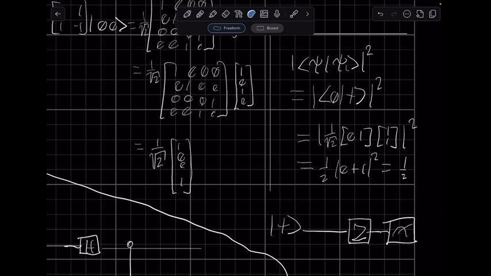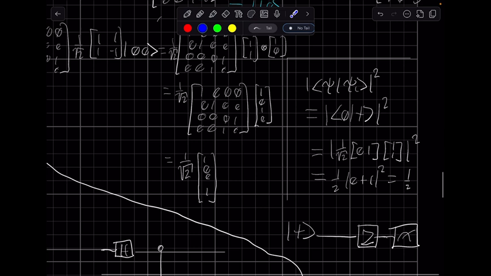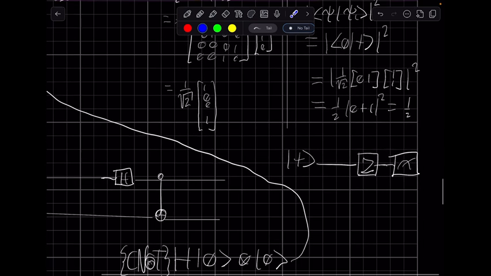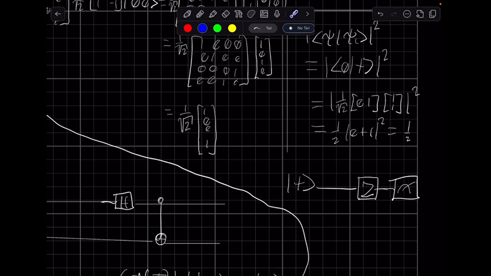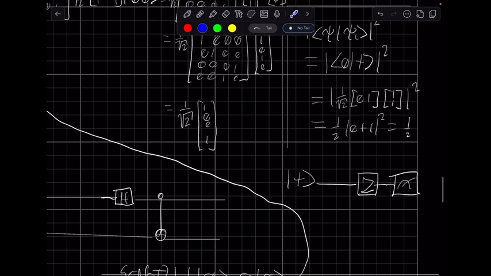And so to measure that, what we do is we take this basis that we're measuring against here, and then we take our input value here, and we multiply that across. So we just take the inner product here. And doing that and expanding it, we see that the probability is actually 1/2. So we have a 1/2 probability of seeing our plus state being converted into this 0 state after applying this Z gate.